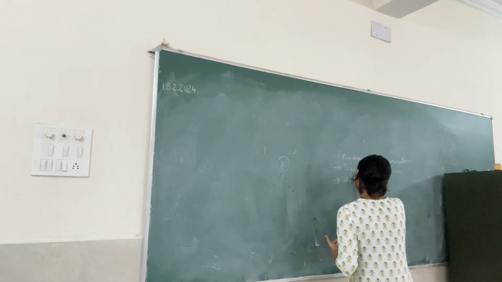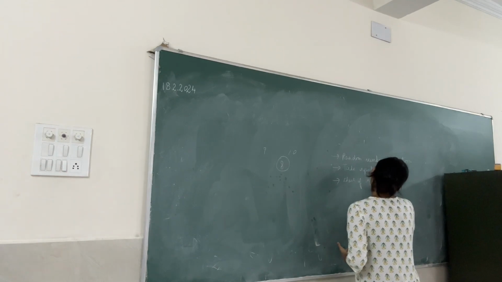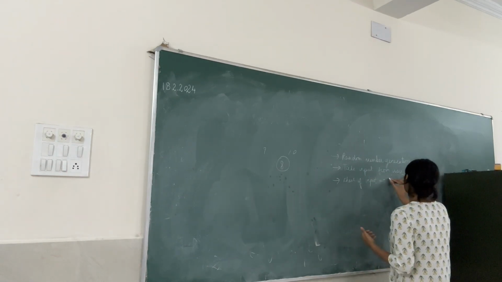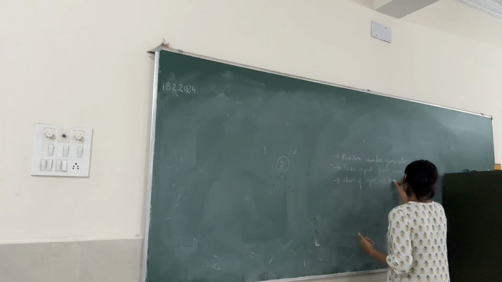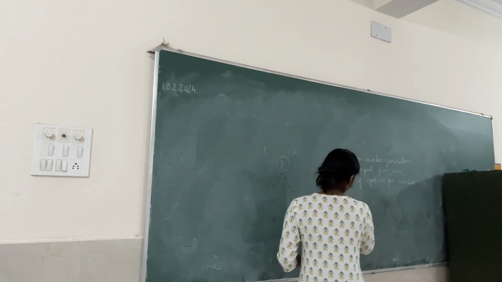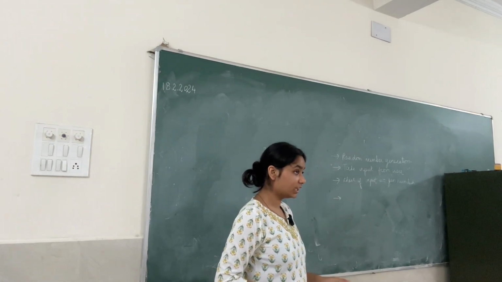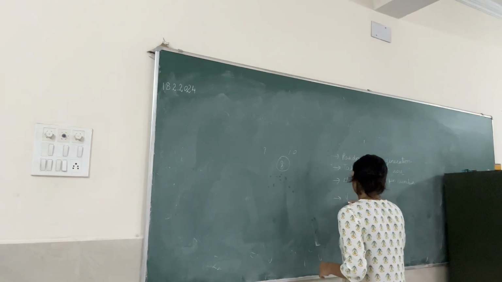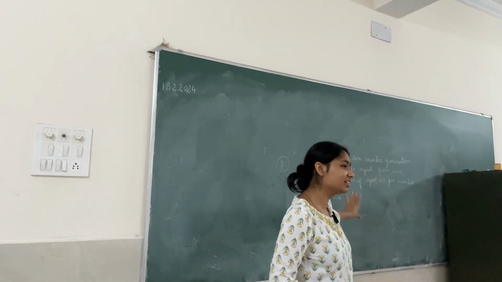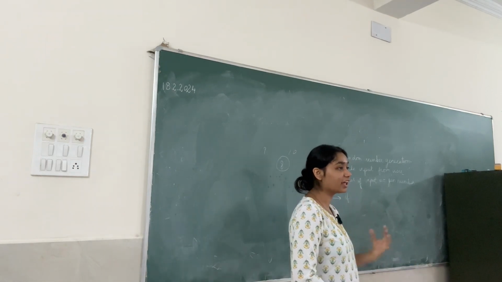Check if input equals generated number. Then what will you do? If it doesn't match, okay. If so, you'll use something here. You're also saying it in your sentences. If it doesn't match, try something else. What is that?